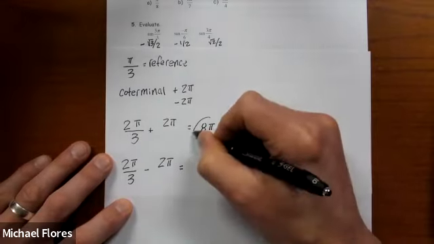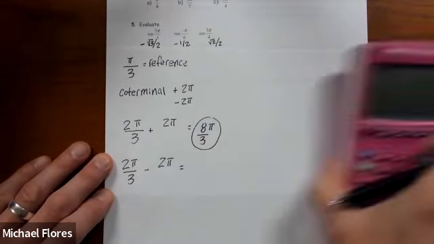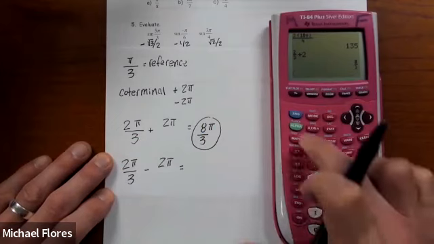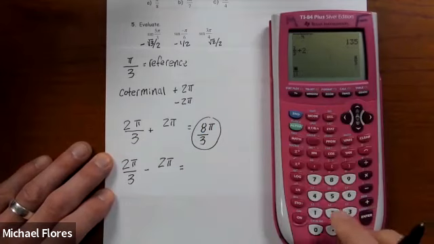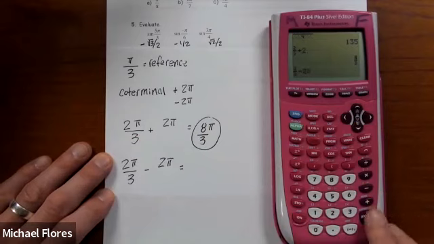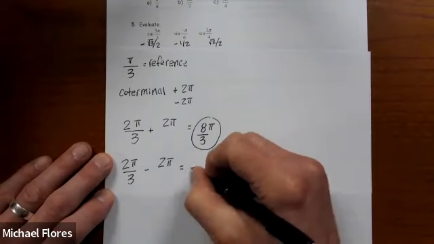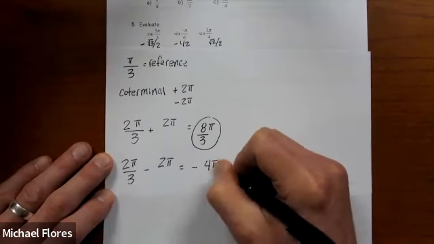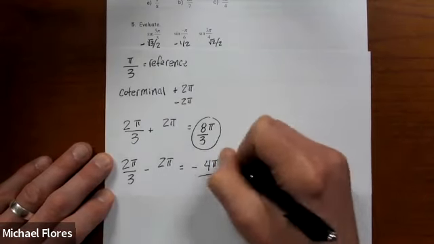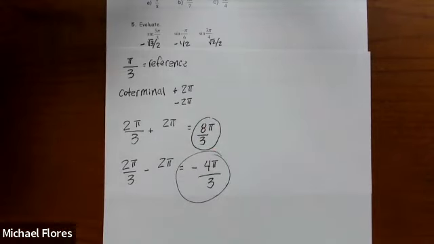So we now have a positive coterminal. Let's go find the negative. Alpha y equals, enter 2 over 3 minus 2. Negative 4 over 3, or negative 4 pi over 3. And we now have our negative coterminal angle.